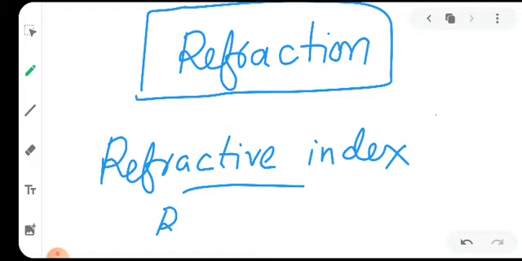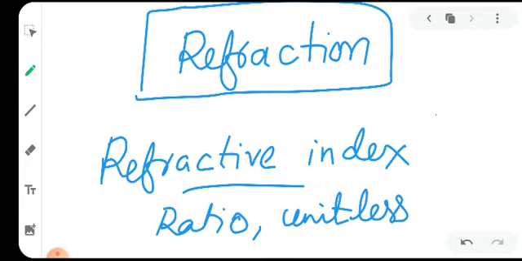It has no dimensions. It has no unit. It is just a number. Unitless.